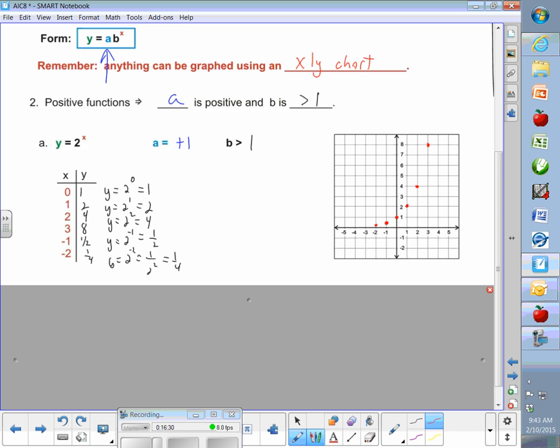All right, here's what happens. This curve forever gets closer to the x-axis, but it won't touch it until infinity. It'll keep getting closer and closer.